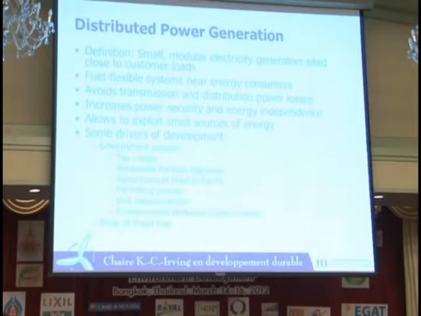You avoid transmission over long distance of electricity, and you minimize your transmission and distribution losses in doing so. But fundamentally, it allows you to exploit a small source of energy. You don't need a big generation site. What you need to do is go find where there's some energy locally and exploit that energy locally.